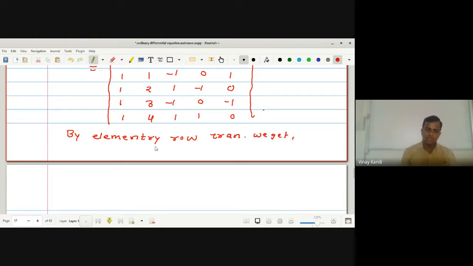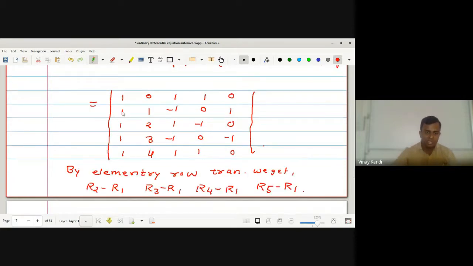Okay, now first r2 minus r1. Okay, entry सांगा तुम्ही काय करायचे? r3 minus r1 and r4 minus r1 and last one r5 minus r1. ओके, असं काय करतोय आपण? बिकॉज हे टर्म्स आपल्याला काय करायचे? सगळे 0 करायचे. कोणते टर्म्स? हे टर्म्स 0 करायचे. ओके, म्हणून आपण हे ऑपरेशन केले.